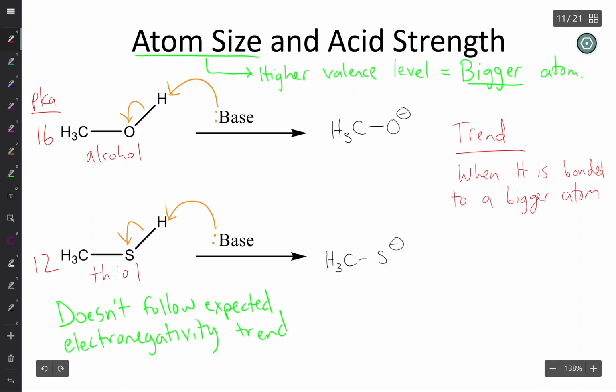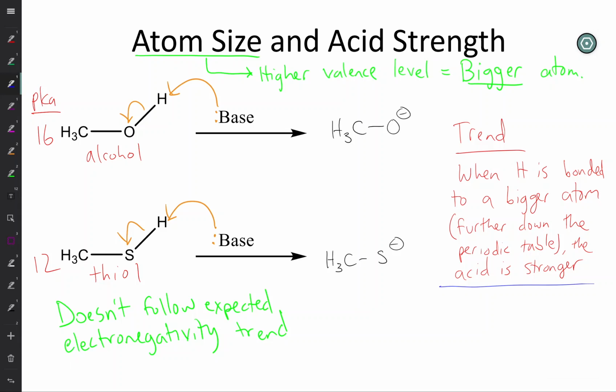So bigger atom being one further down the periodic table. And if we want to say the opposite statement for bases, we would say smaller atoms with lone pairs tend to be stronger bases.